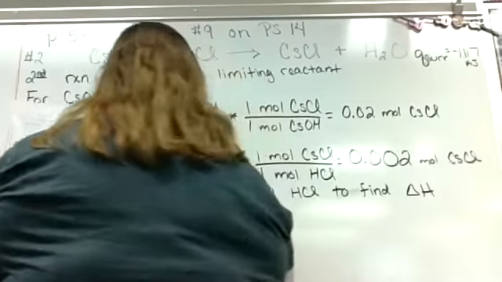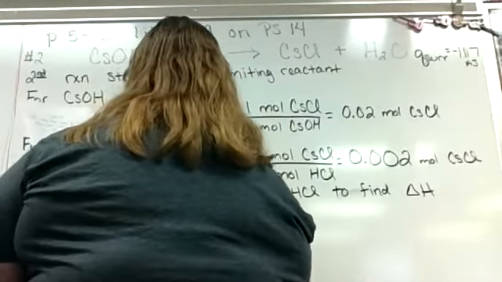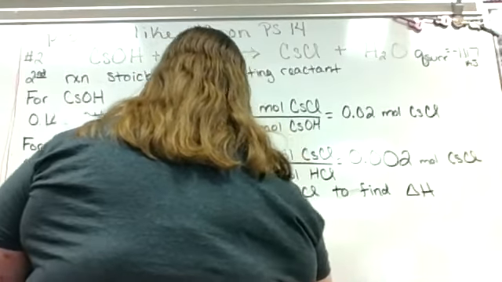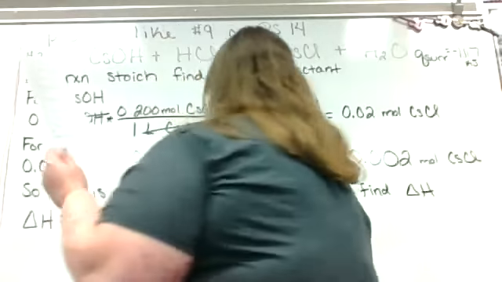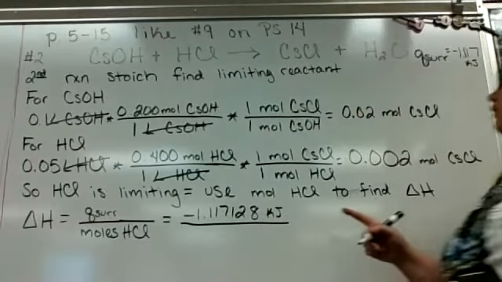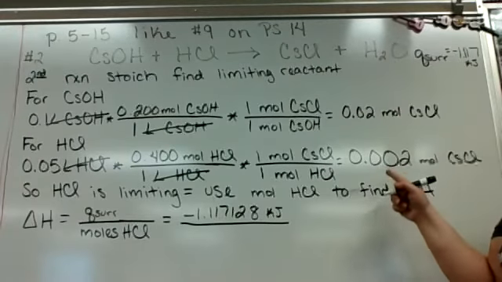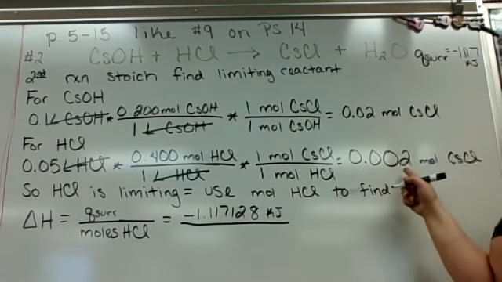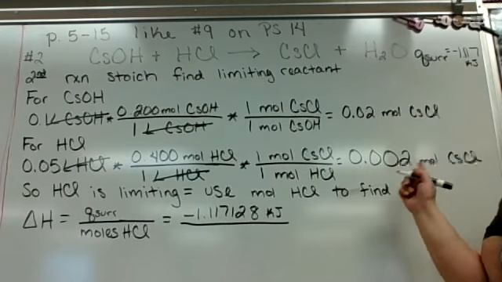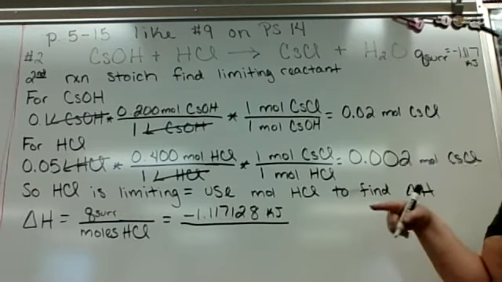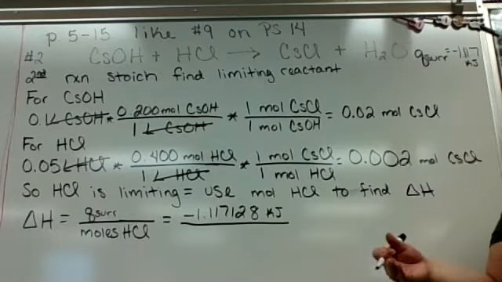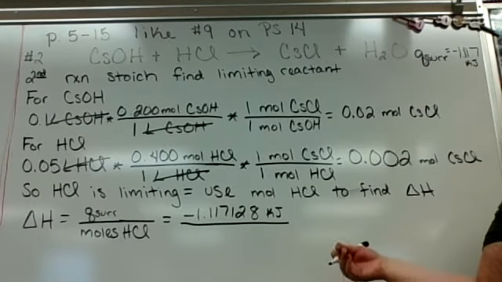So you get negative 1.117128 kilojoules over. Now, if you understand the math, the 0.002 is the moles of HCl, right? Because the last step is multiplying by 1/1, which is meaningless, but you have to show it in order to be complete with the chemistry.